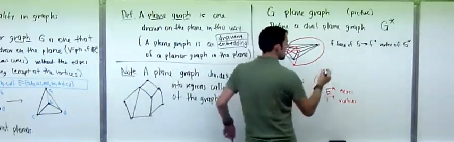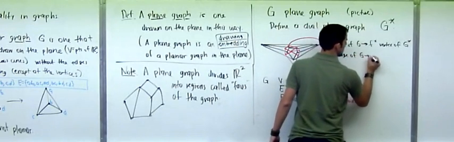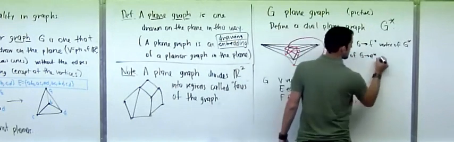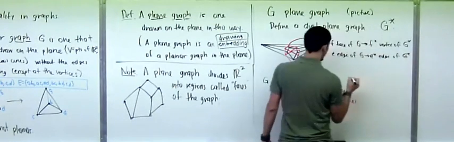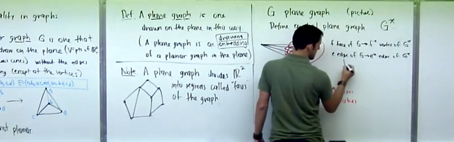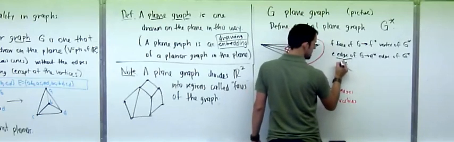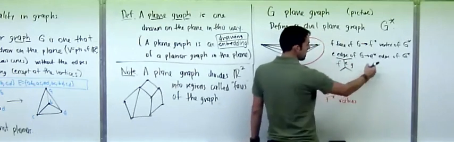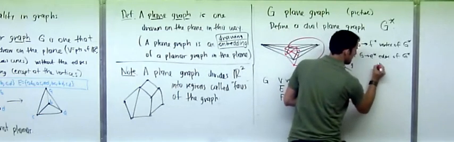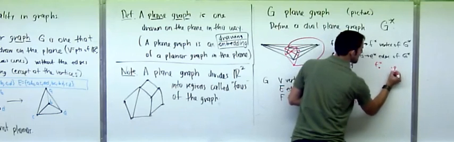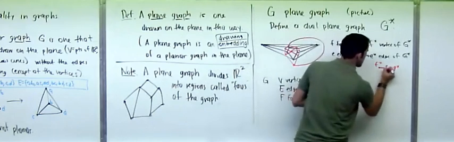For each edge of G, I'm going to get an edge E star. And how do I define it? Well, if the edge E separates faces F and G, then that means I have a vertex F star, a vertex G star, and I'm going to join them, and that's going to be the edge E star.